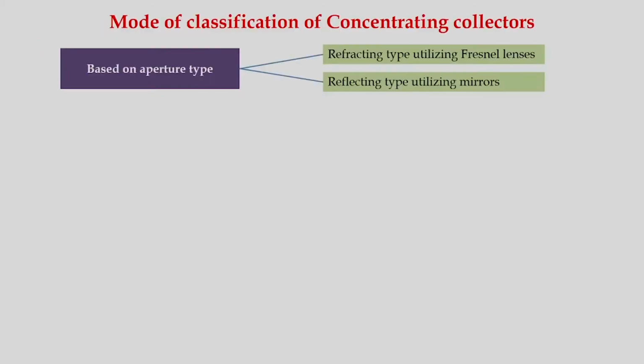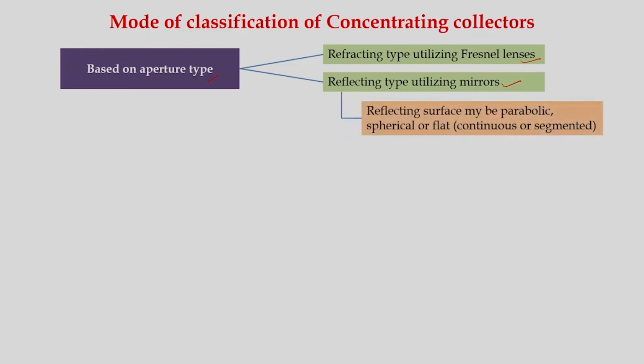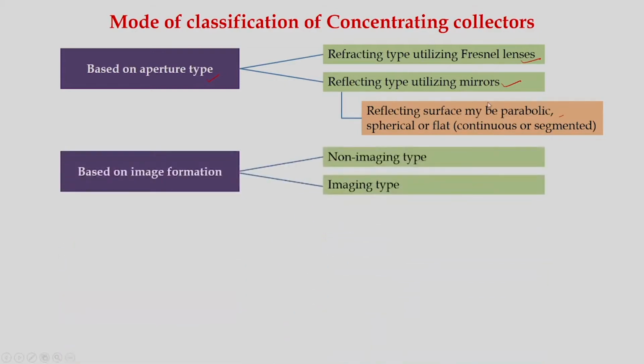So, let us classify the concentrating collectors. There are different modes of classification. Based on the aperture type, it is a reflecting type utilizing mirrors, or a refracting type utilizing a Fresnel lens. If we use mirrors, the reflecting surface may be parabolic, spherical or flat, and may be continuous or segmented. Classification based on image formation may be non-imaging type or imaging type.